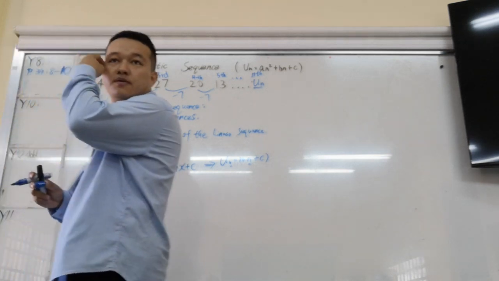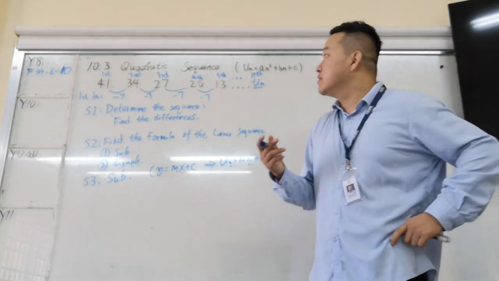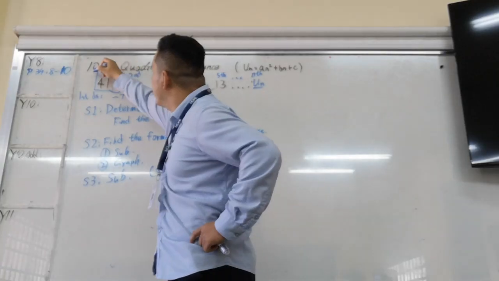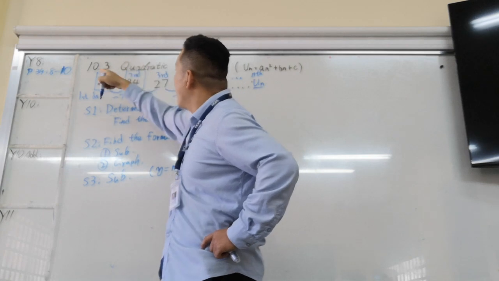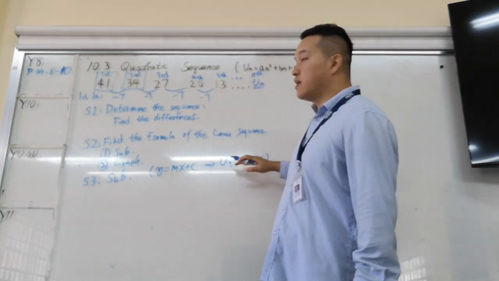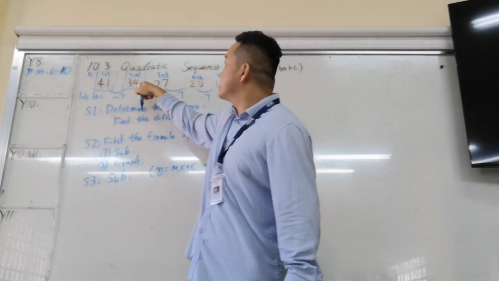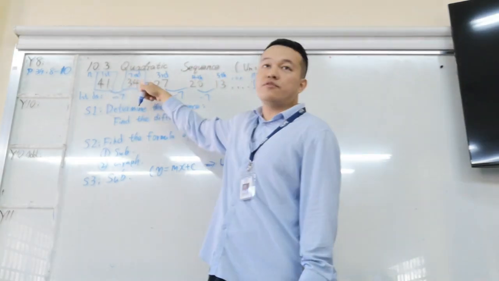To find it, we substitute 2 values, 2 points. This is the first point, second point, and this first, second, they're what in the equation? They're n. What about this? 41 and 34.